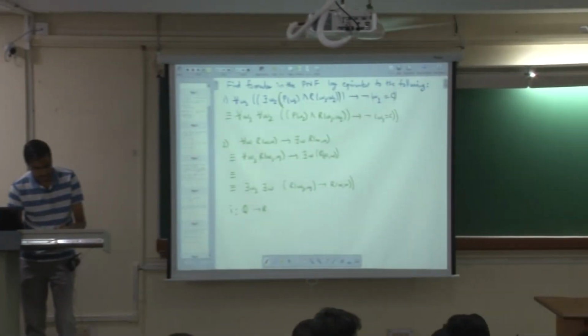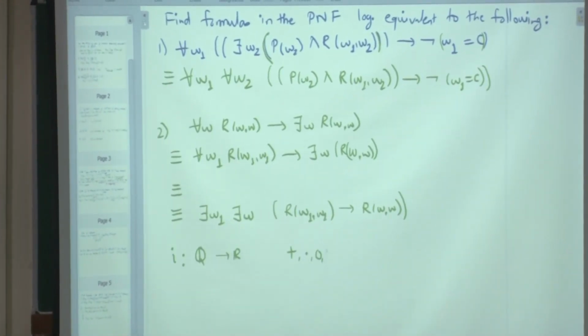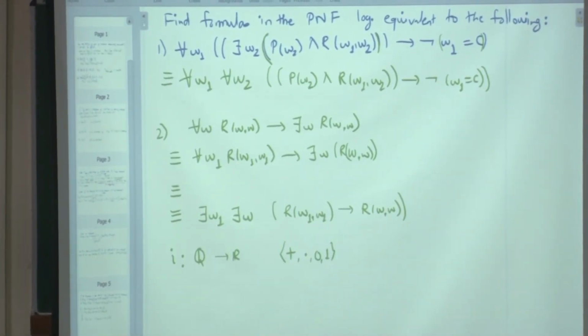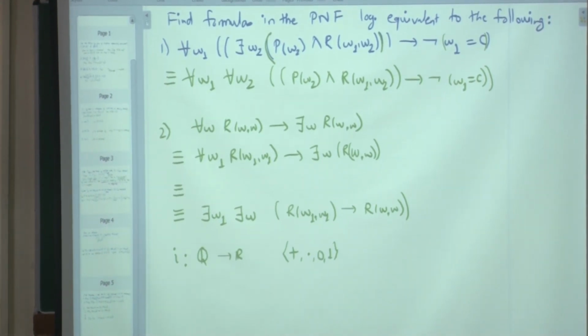Well, let us do one more question, that is question number 5. So that is, I from rational numbers to real numbers in the language of +, ·, 0, 1, <. This is your language. Can you show that the inclusion map is a structure homomorphism?